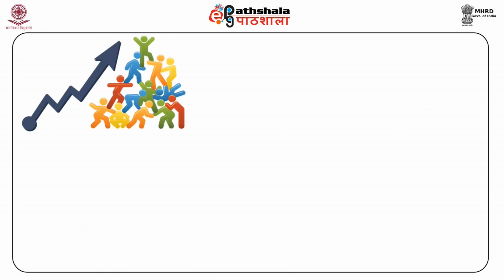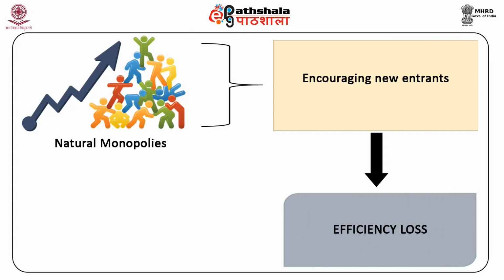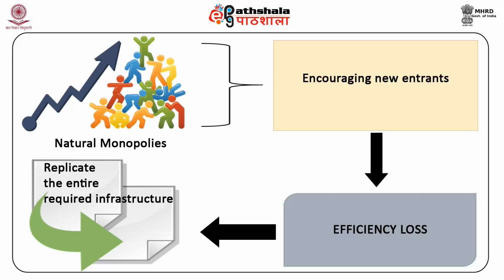Increasing competition in case of natural monopolies by encouraging new entrants into the market results in an efficiency loss to the society, as the new entrants would have to replicate the entire required infrastructure.